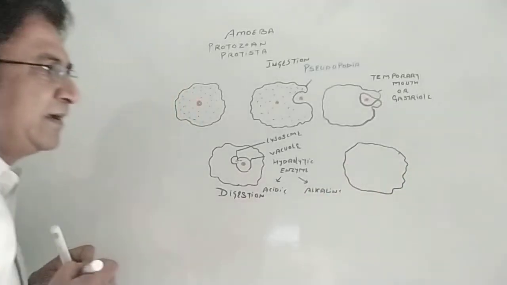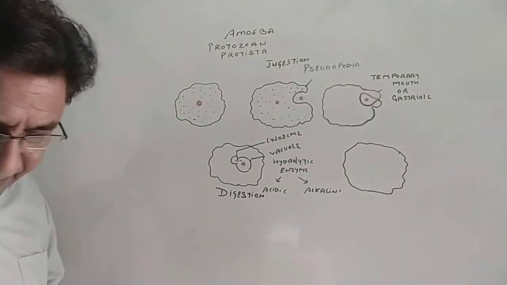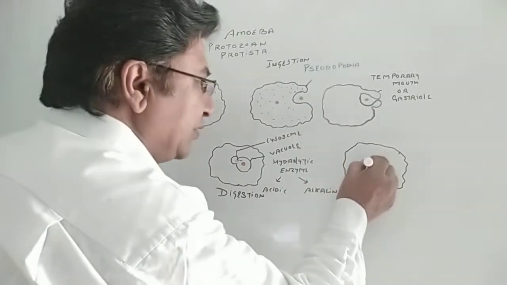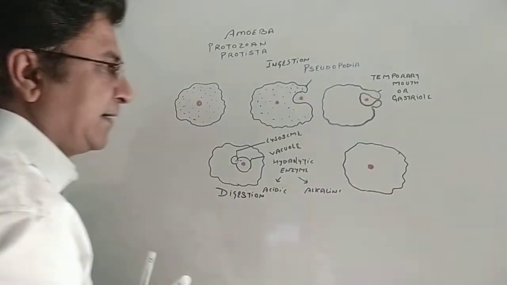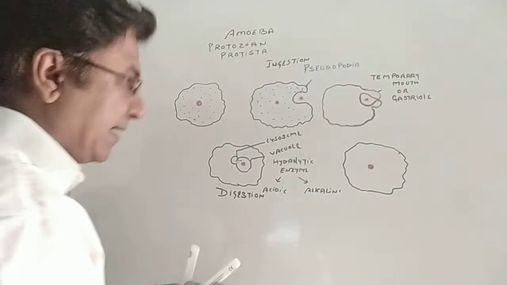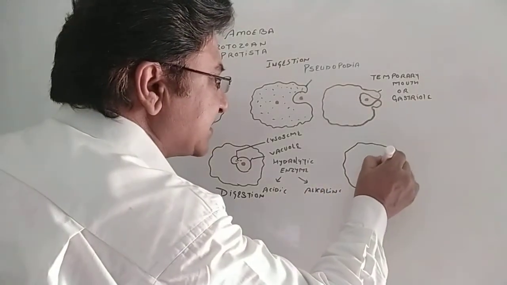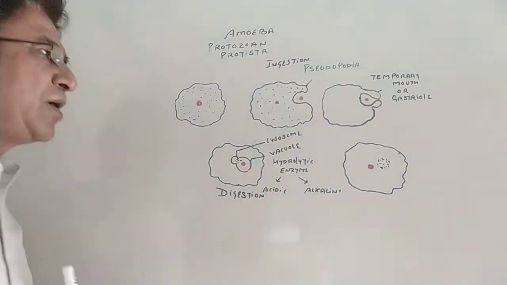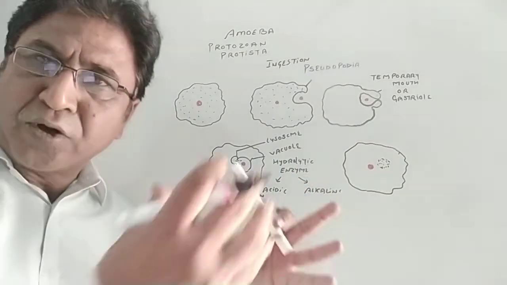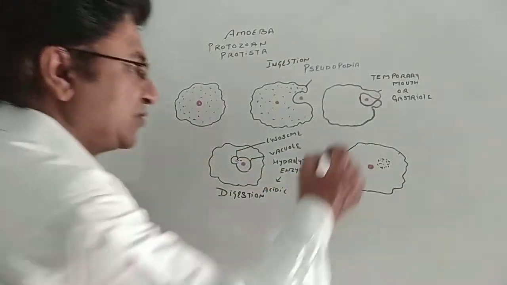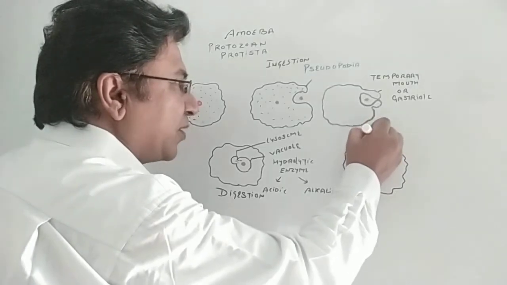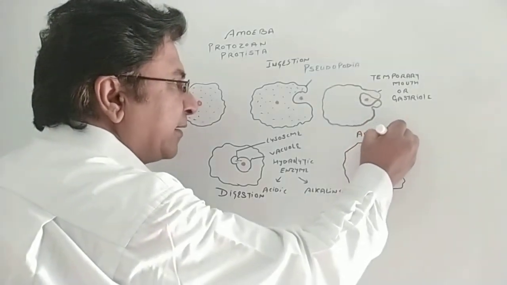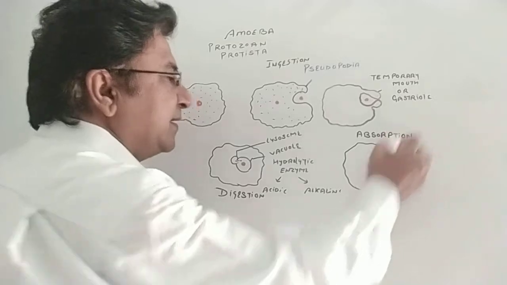You see, cytoplasmic contents are present, and let's call this the nucleus. And this is the digested food, which is directly absorbed inside the cytoplasm or mixes with the cytoplasm. So this step is called absorption.